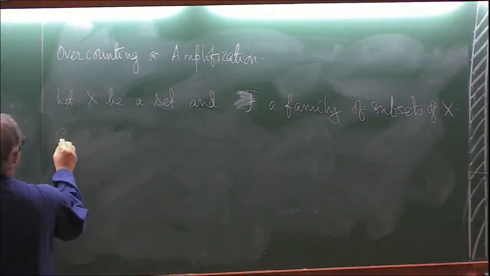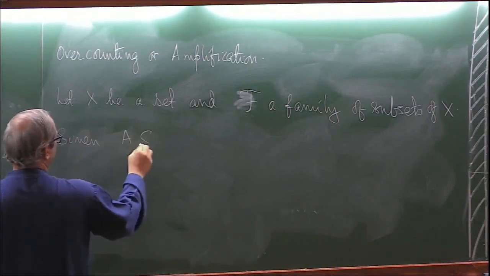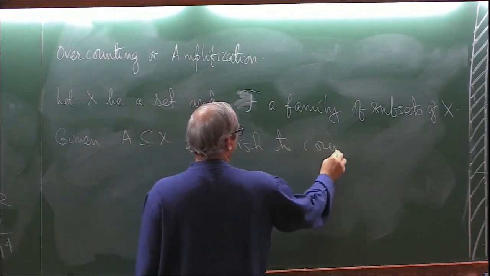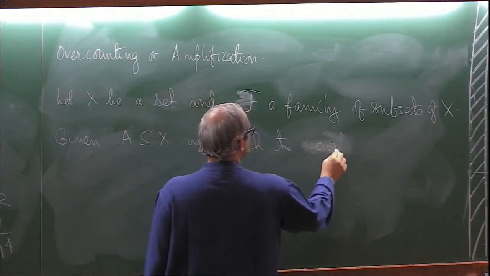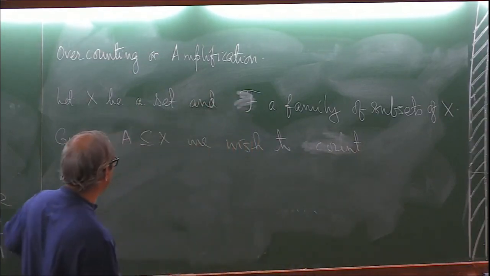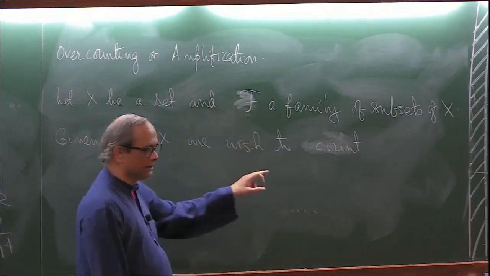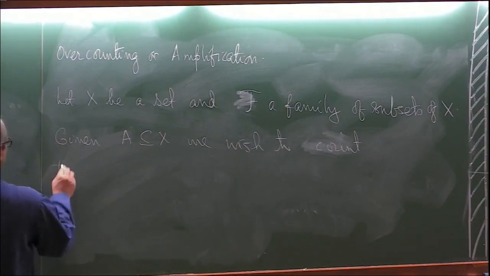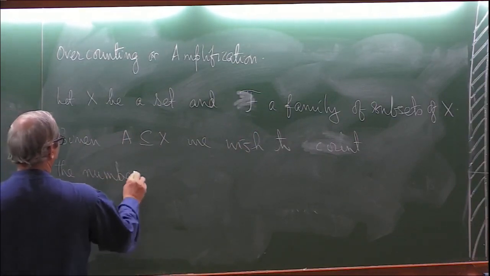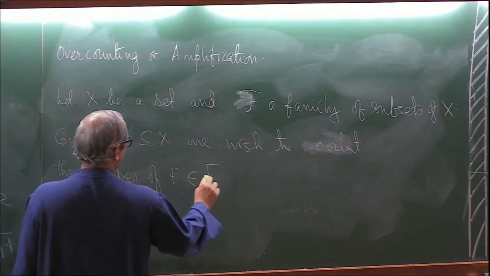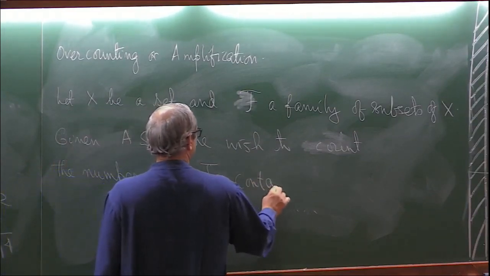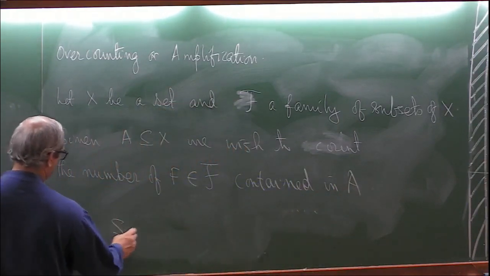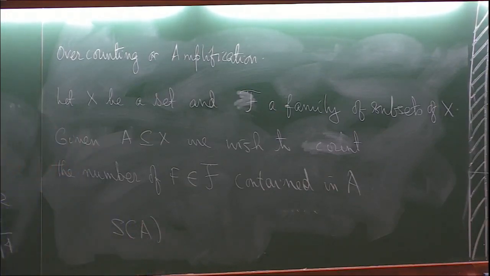Given a subset A of X, we wish to count the number of elements F of this family that are contained in A. In other words, we want a lower bound.